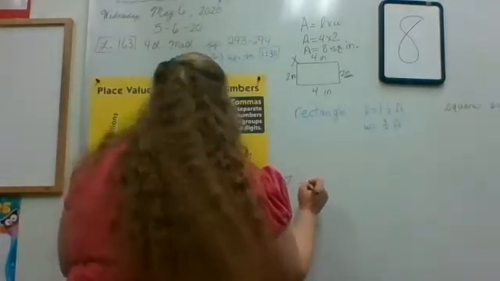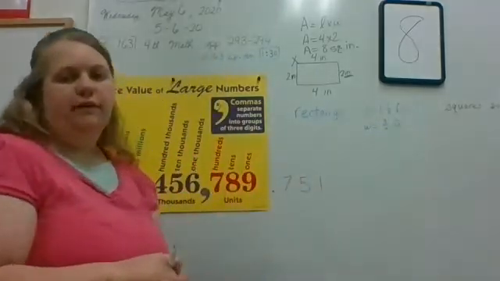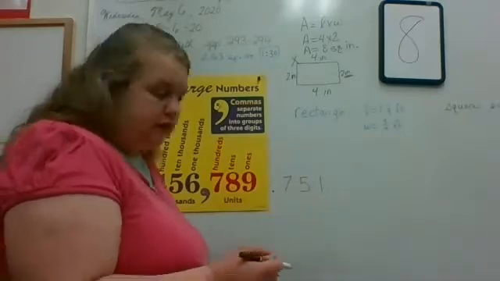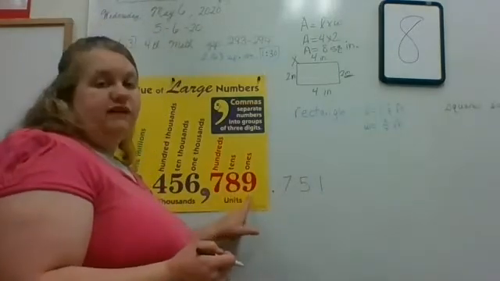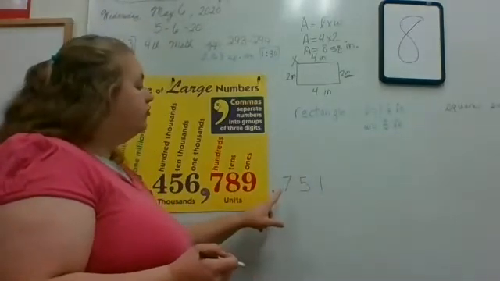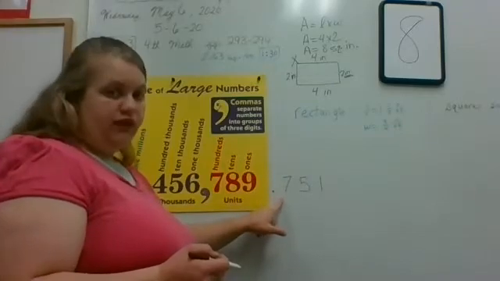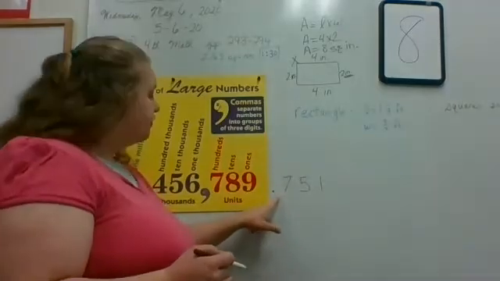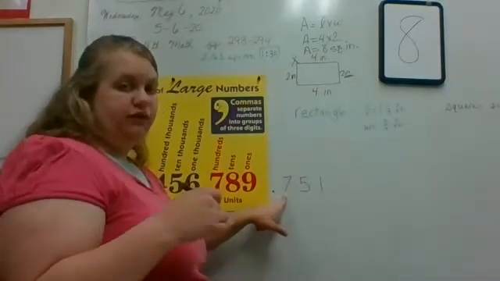I need to stop doing that. 5 and 1. 0.751. Now, we have the ones place right here, so we don't have a oneth place here. But after our decimal, our first place is what? What do you guys remember?